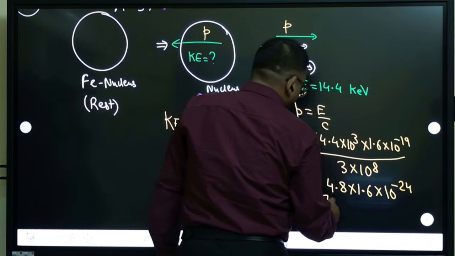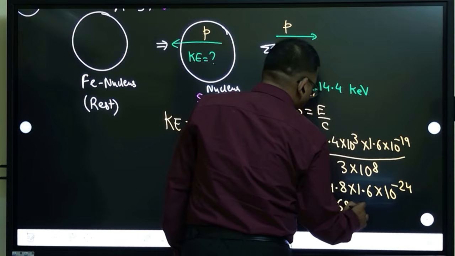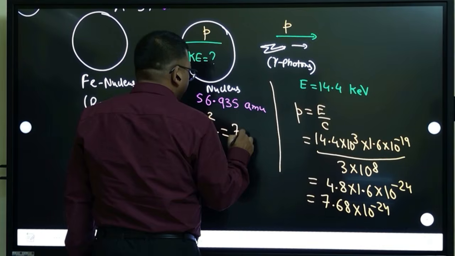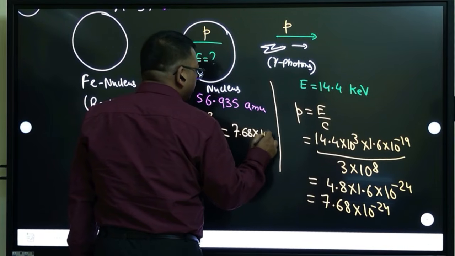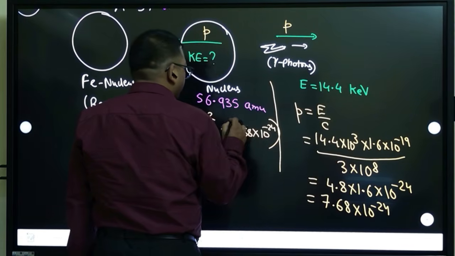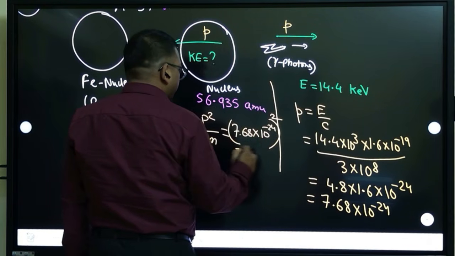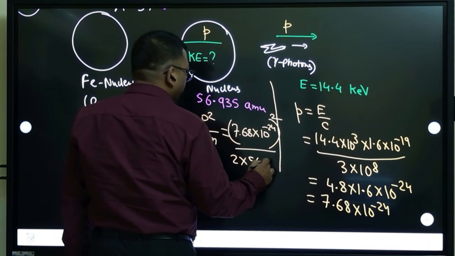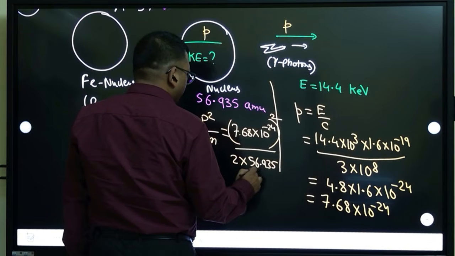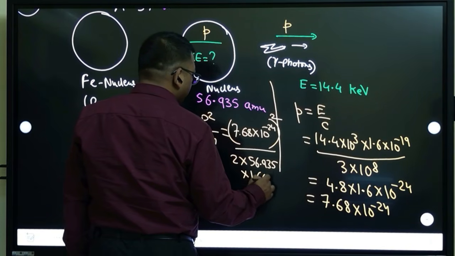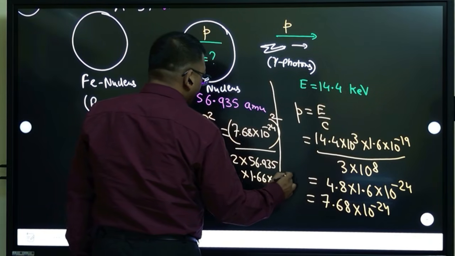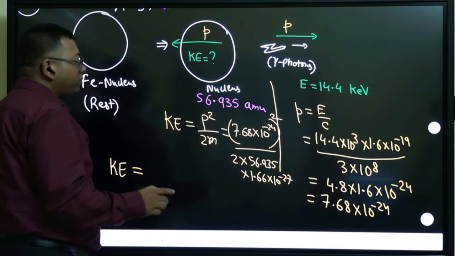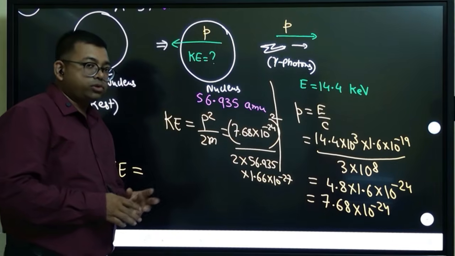It is 7.68 into 10 to the power minus 24. Correct. Now you substitute here: 7.68 into 10 to the power minus 24, whole square, divided by 2 times mass. Mass is 56.935 into AMU, which is nearly 1.66 into 10 to the power minus 27. So calculate roughly how much the value is. Is the answer given in electron volts or in joules?